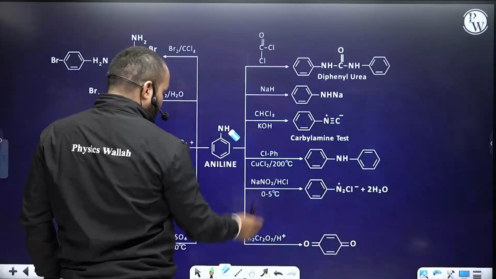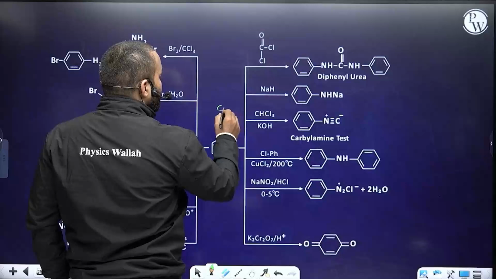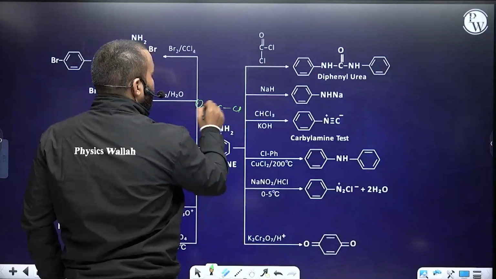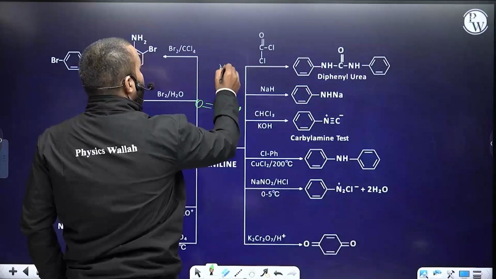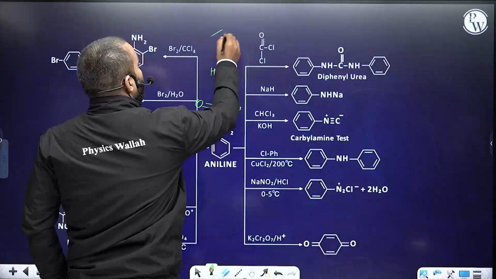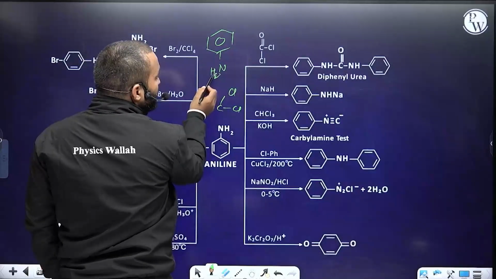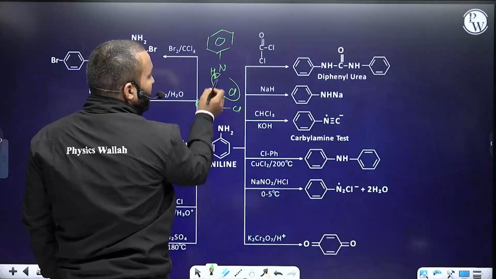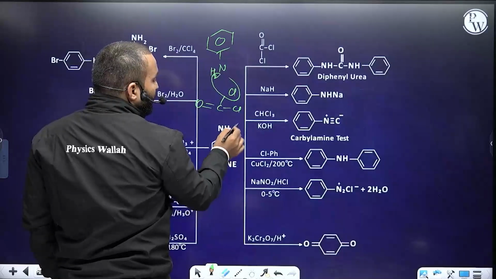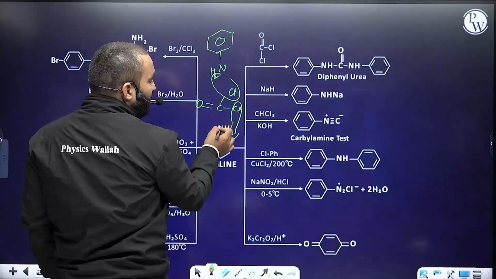Very important yet simple reaction, CCl, and H2. For the first reaction, one of the hydrogens and Cl goes away from here, and this nitrogen carbon forms a bond. One of these hydrogens and Cl goes away from here, and carbon nitrogen forms a bond.